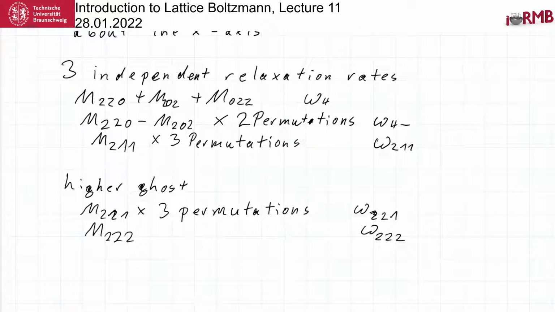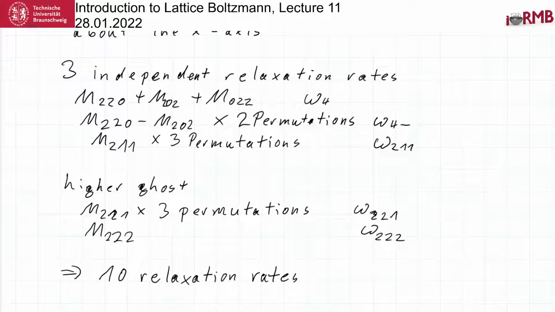Okay, so in total, if you count all of this, we end up with 10 relaxation rates. So we have 10 independent degrees of freedom for how we can design our relaxation rates.